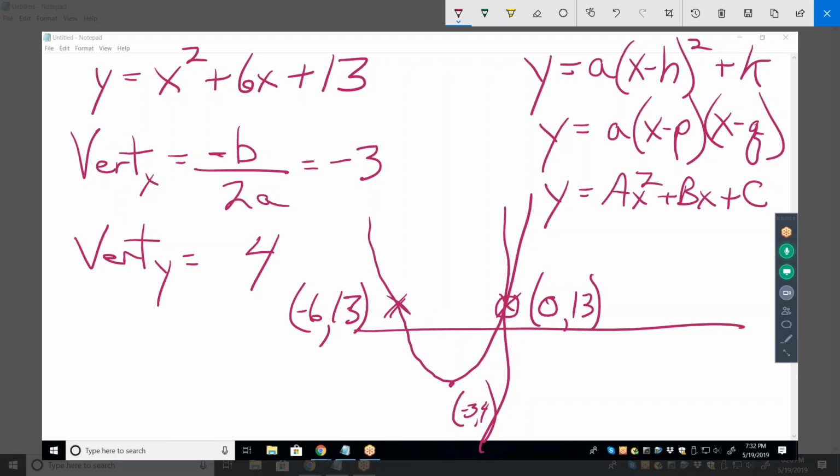In other words, we know that there is an invisible line of symmetry that goes through there, and that this distance from here to here has to be the same as the distance from there to there, because they're symmetrical. So you knew that you were 3 units away from the right point, so you got to go 3 units away to the left.